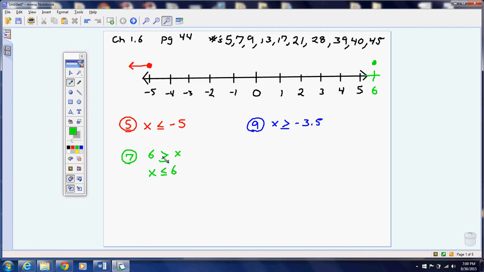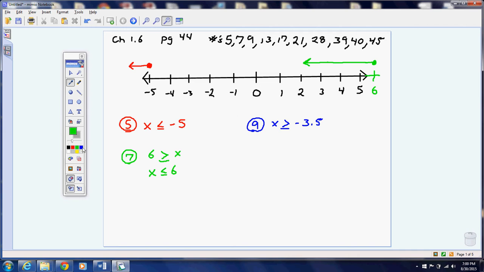It's kind of like we just spun it around and this sign spun around too and pointed the other direction. So we have X is less than or equal to 6. They're both saying the same thing. All right, so less than or equal to, we have to fill in the dot, denoting that it can be equal to it. And we have everything that is less than that number as well.